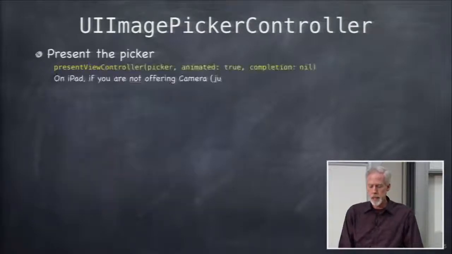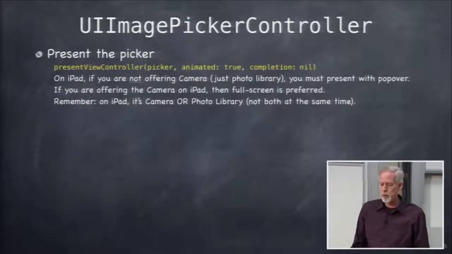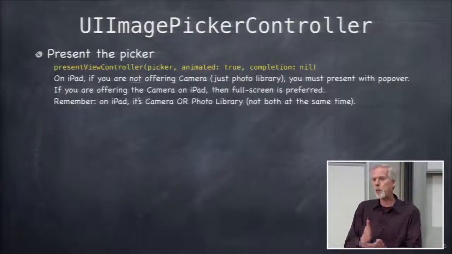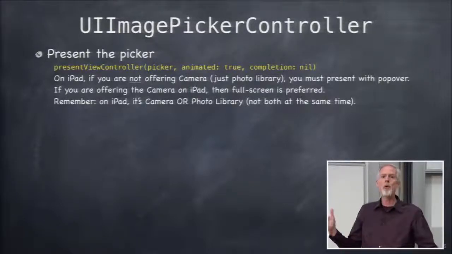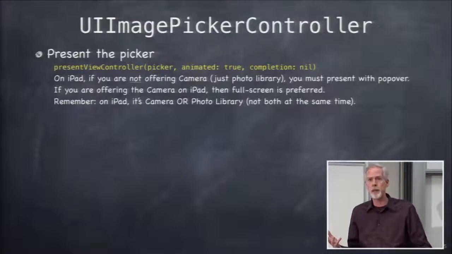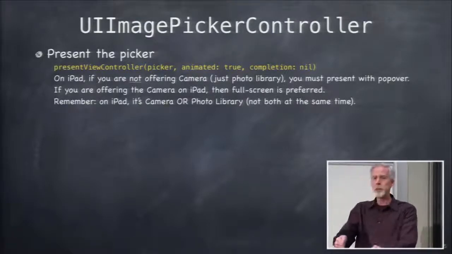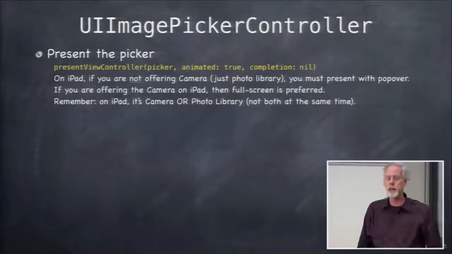Okay. You present it using present view controller. Now, the thing that's interesting is when you're doing the camera, you're always going to present view controller. It's always going to take over the screen, even on the iPad. So on the iPad, when you do the camera, you're going to have this huge camera taking a picture, okay? The whole screen is going to be the camera.